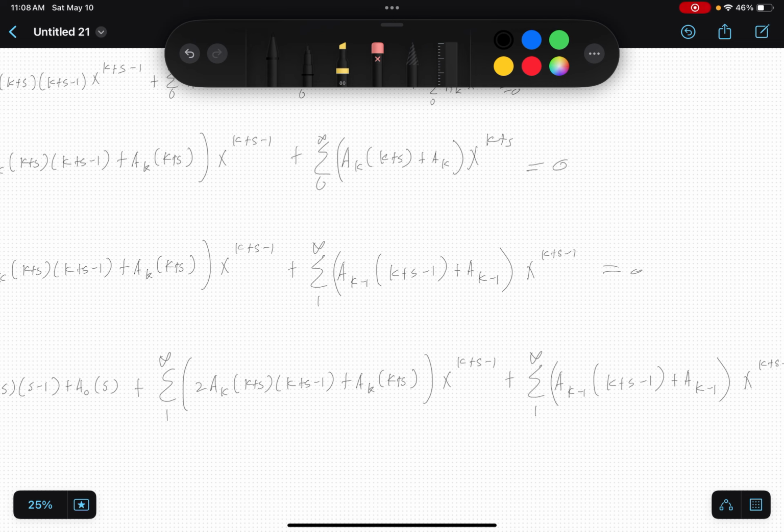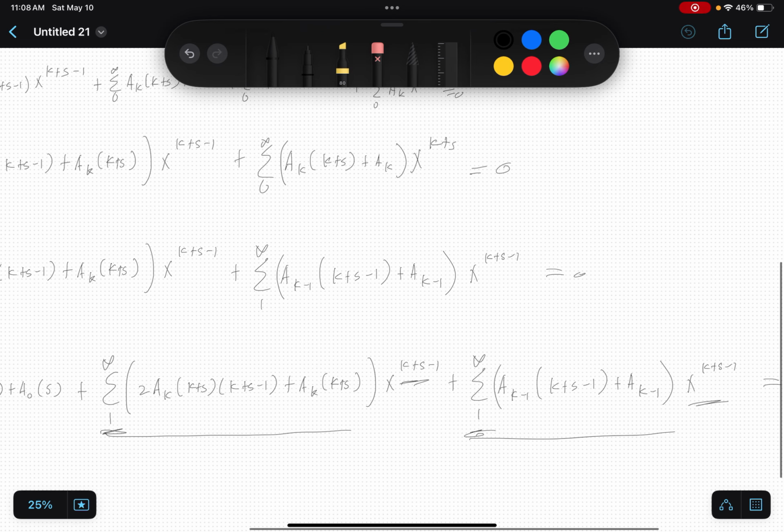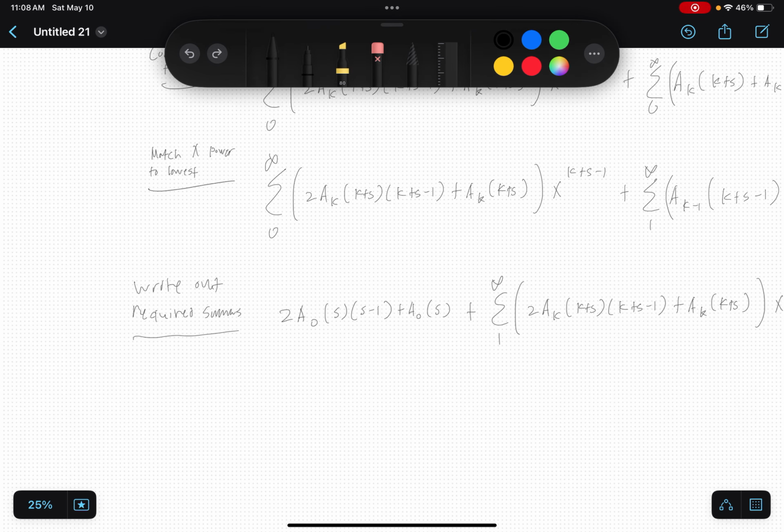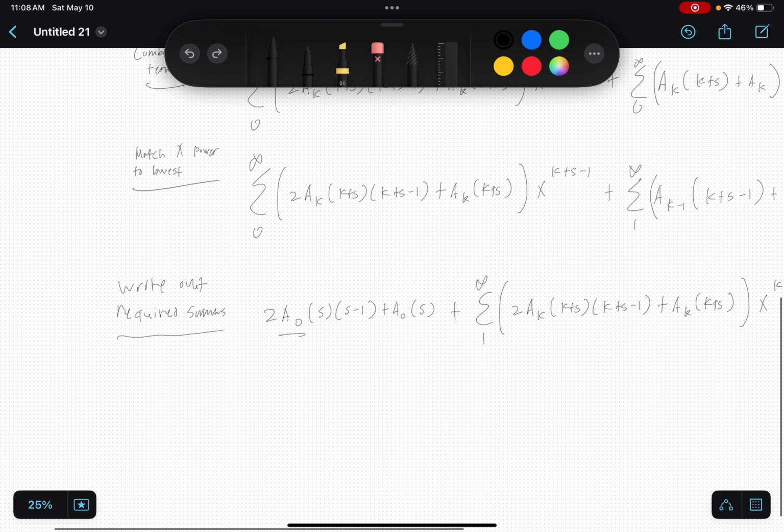Okay, good news is now these two terms have the same sum index and the same x power index, so we can combine them. But before I do that, we gotta state something here. In this step, every a term, we say it has to be arbitrary.